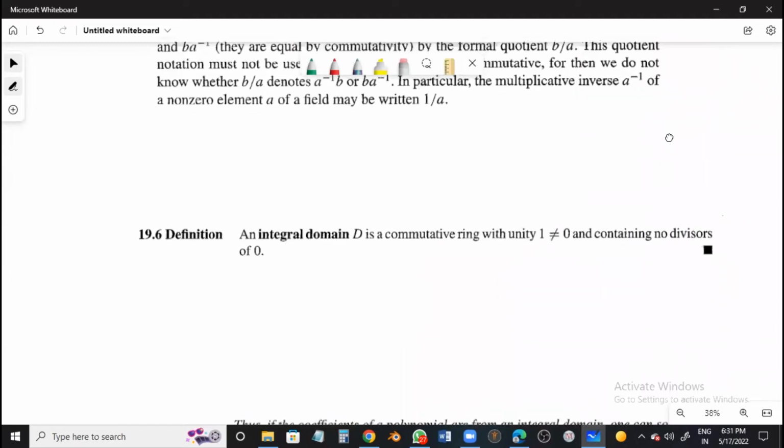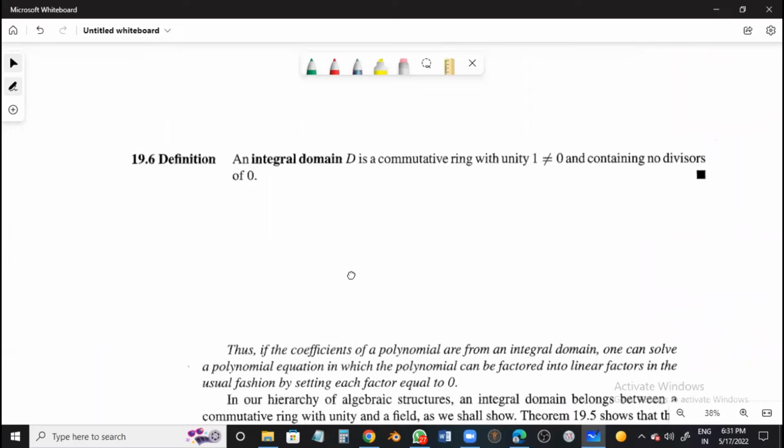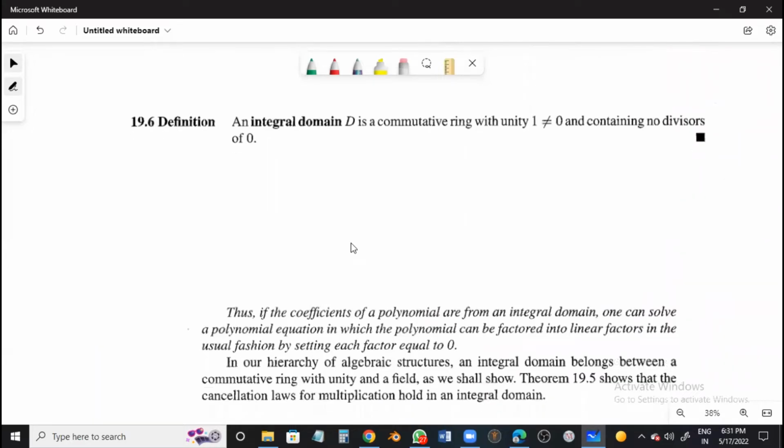For the time being, I would like to skip this. All right. And now we are reaching the definition of integral domain, which is quite important for us. What is an integral domain? So many definitions up till now we have seen, and we have to concentrate on each of them. So an integral domain is a commutative ring with unity 1 not equal to 0 and containing no divisors of 0.